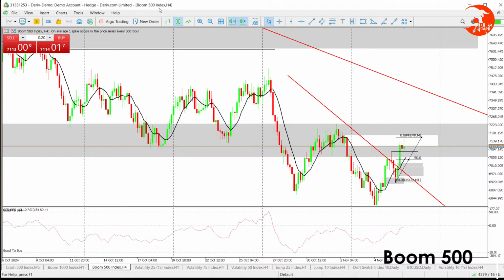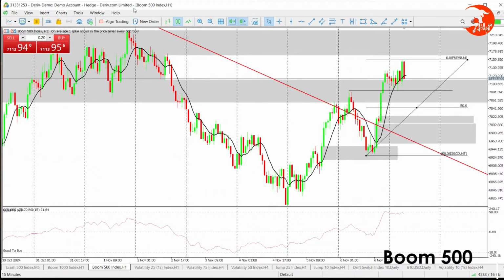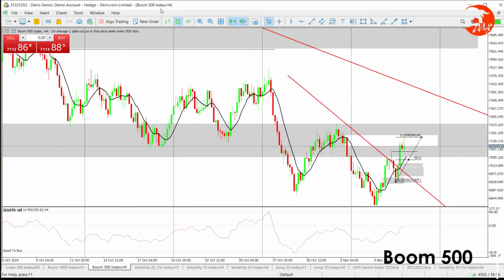Why? Because the general trend according to daily is a sell, and if we go with the buy, we may find it rough. You can only go for the buy if price breaks this level here, or if price actually breaks this order block here.